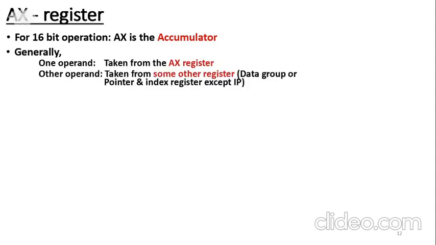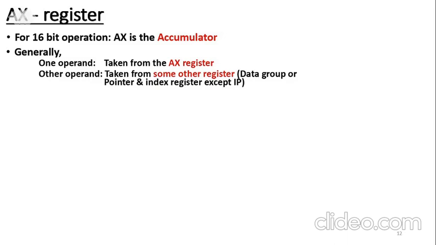First is the AX register. For 16-bit operation, the AX register works as an accumulator. A for accumulator. It means that generally, in case of any ALU operation, one operand is generally taken into the AX register.